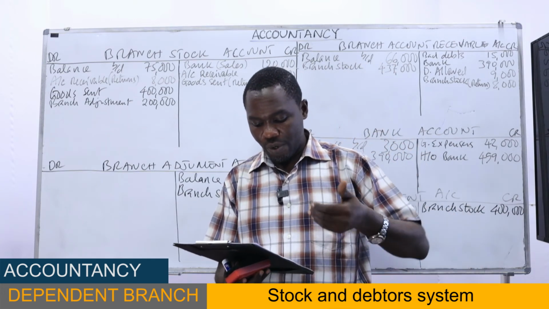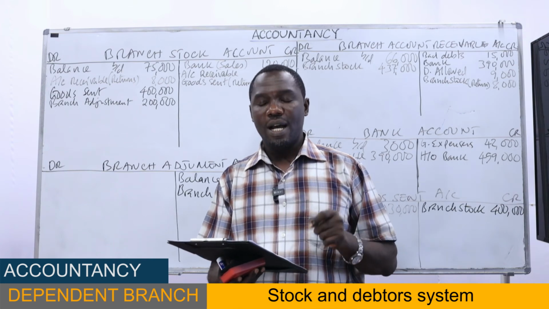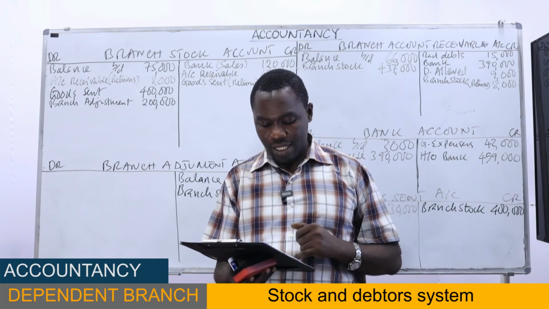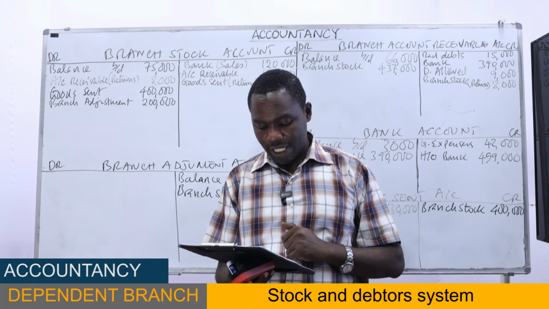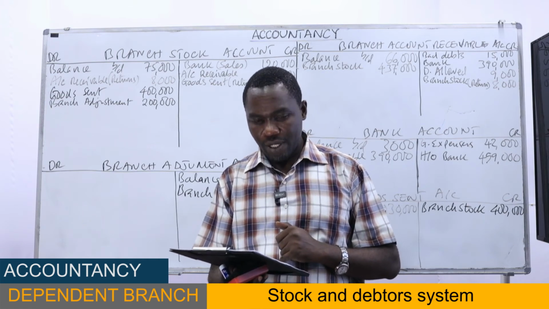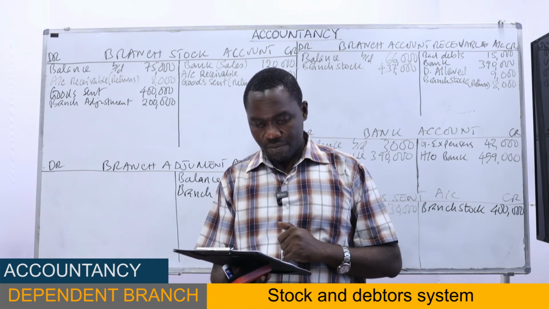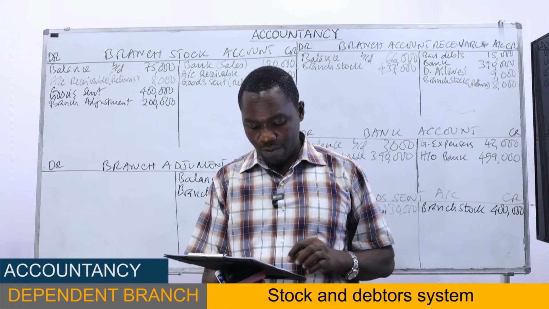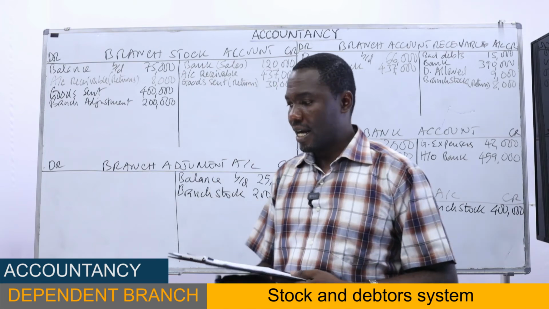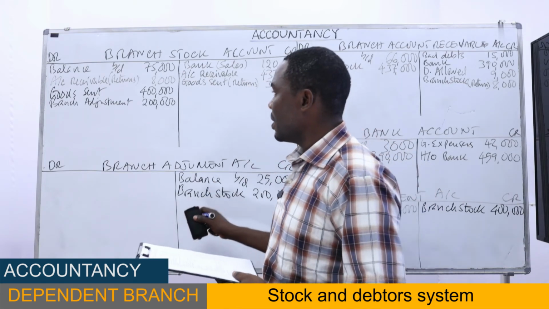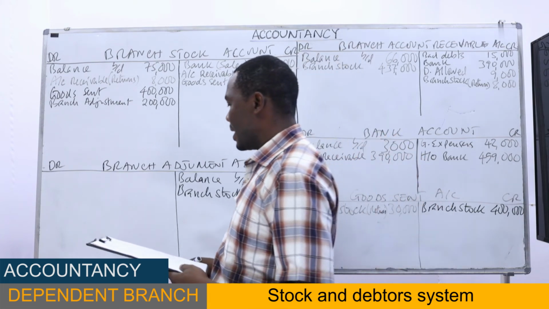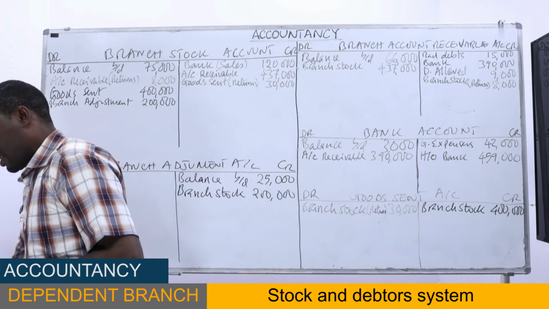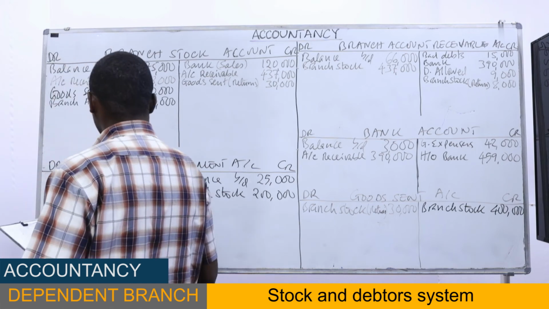So far here, we were required only to open up accounts relating to the branch, that is branch inventory, goods sent to branch, branch inventory adjustment account, branch accounts receivable, and bank account, which we have almost opened. Let us now enter our ending balance.